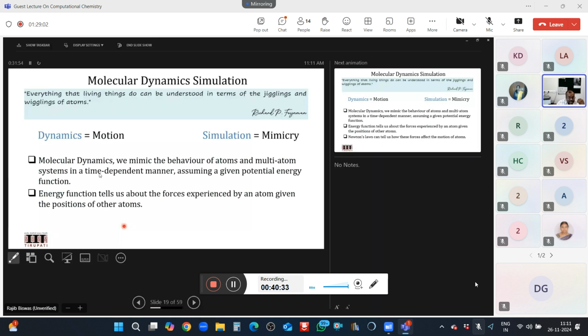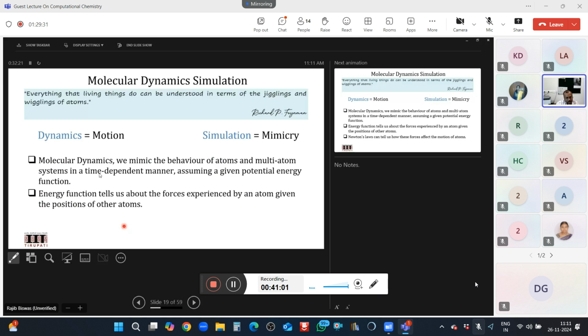So we will understand the dynamical behavior of any particular system of our interest in a time dependent manner, and we will solve the Hamiltonian for that total system, which is a classical Hamiltonian. Do not get confused with the quantum mechanical Hamiltonian. These are two completely different things, but in a nutshell, the same thing: potential energy plus kinetic energy.